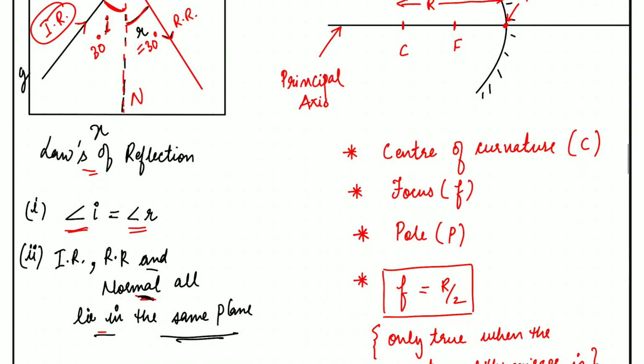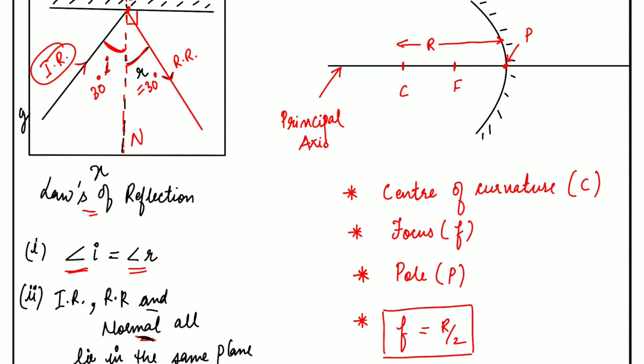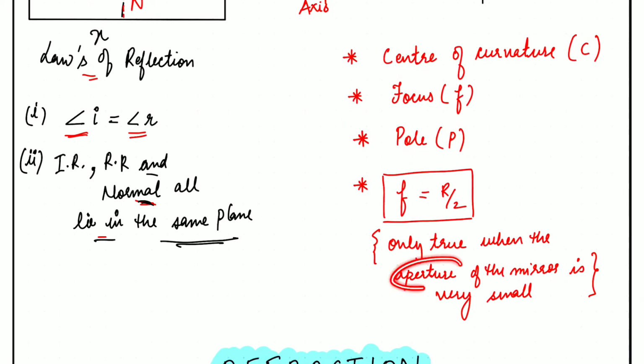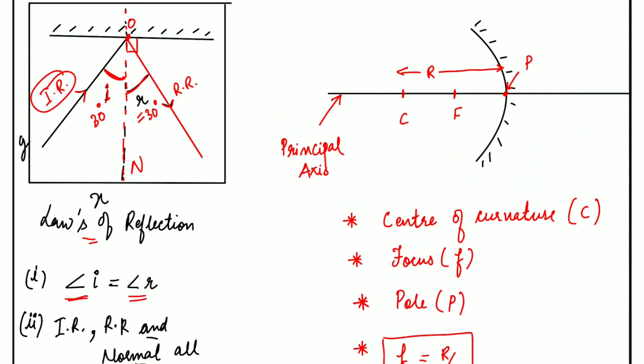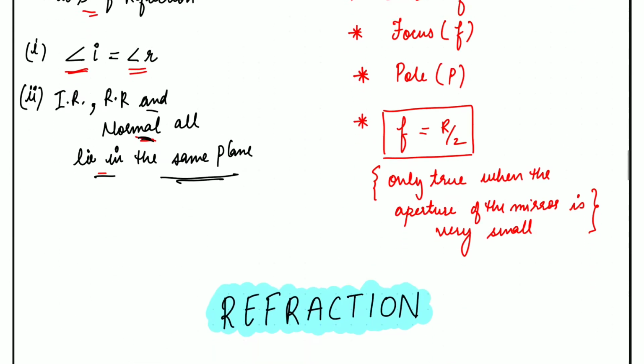This particular condition, that the focal length equals R by 2, is only true when your aperture is very small, and your rays are paraxial. That means the rays are parallel, mostly parallel to your principal axis. Then only we can simply say that the radius is equal to twice the focal length, or the focal length is equal to half of the radius of curvature, right? Okay, let's move forward.